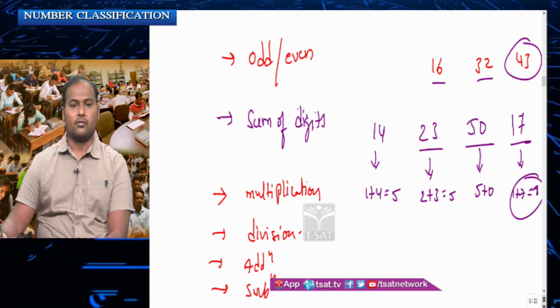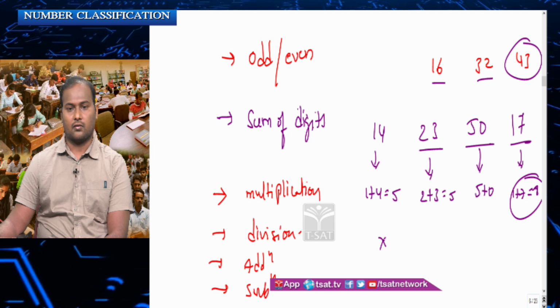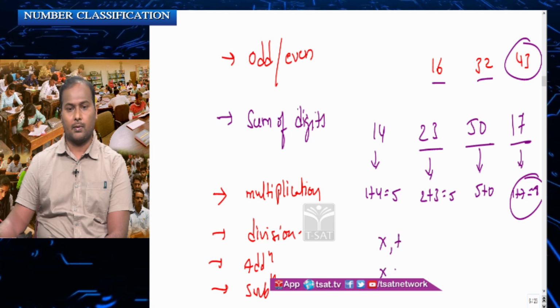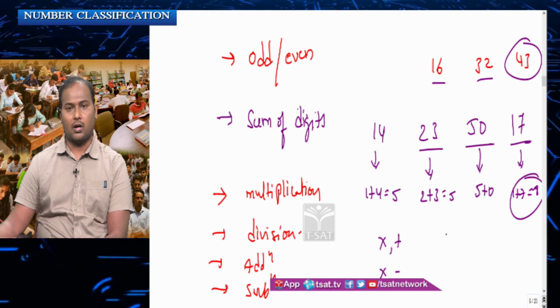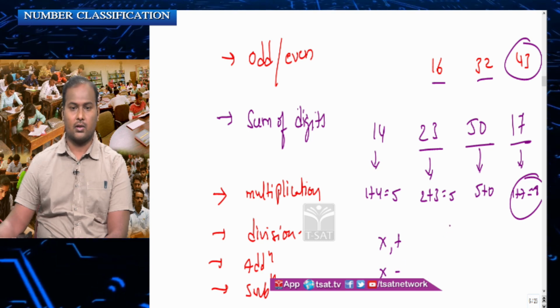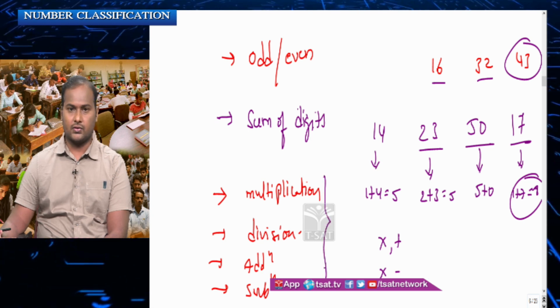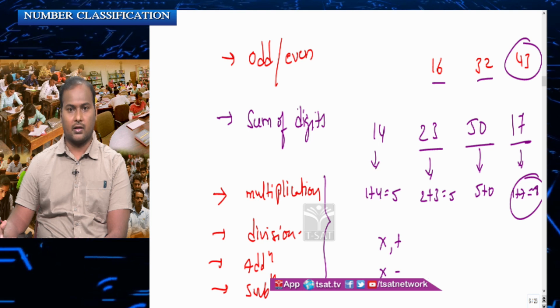For example, he will combine addition and multiplication. So first he will multiply and then he will add, or he will multiply, then subtract, or you have additions and subtractions as well. So based upon the combination of multiplications, divisions, additions and subtractions, we can expect questions from this area as well.